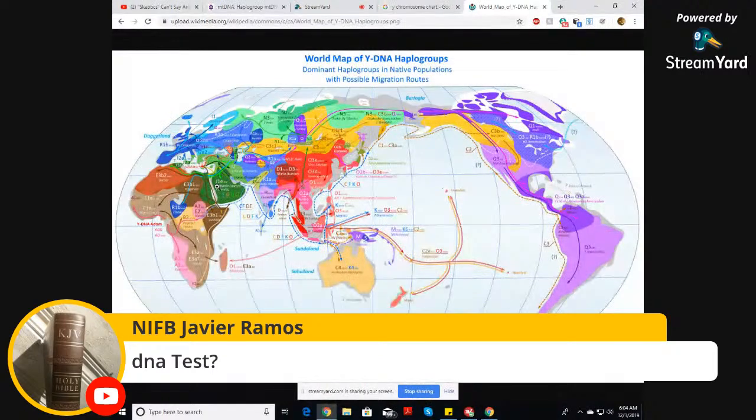Of course, we noticed that in Africa you do have this green over here. This green is J. This is the Y chromosome. So you have J going into Africa, and this is where they found the Falashas who have this J Y chromosome, and somehow it relates to descendants of Levi, and somehow a descendant of Levi is closely associated with Judah, so much so that it's almost the same, almost indistinguishable from Judah or the Jews, basically.